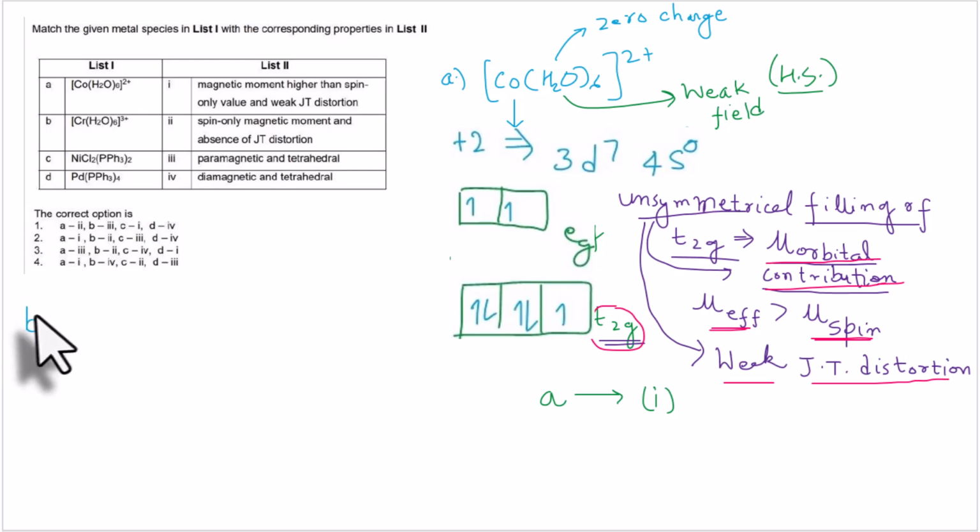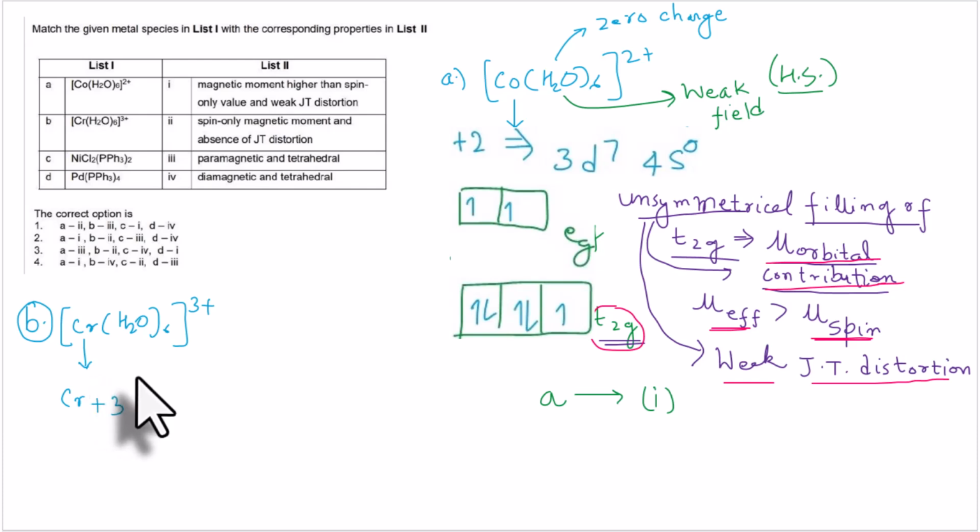Okay, now moving on to the complex B, which is a chromium complex Cr(H2O)6 3+. So the central metal ion is chromium, and as you can see, chromium is in the +3 oxidation state.